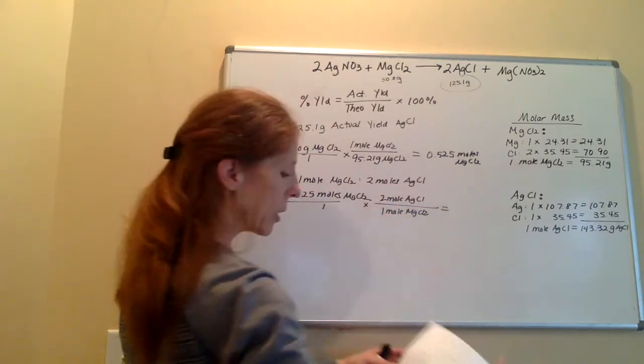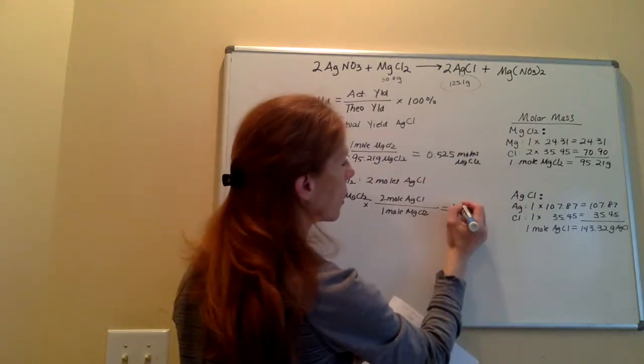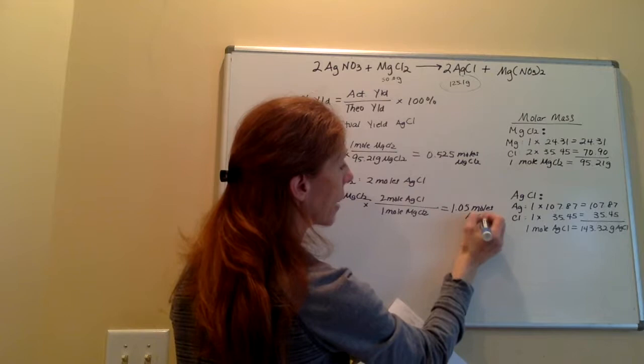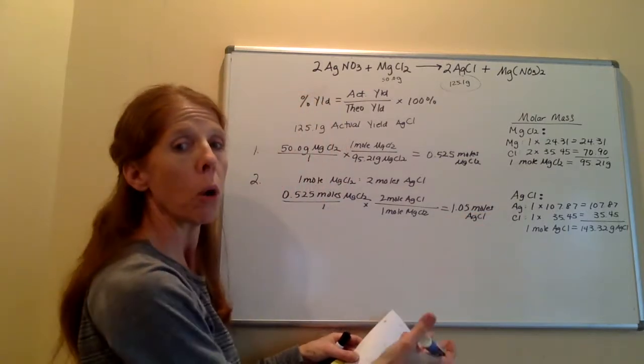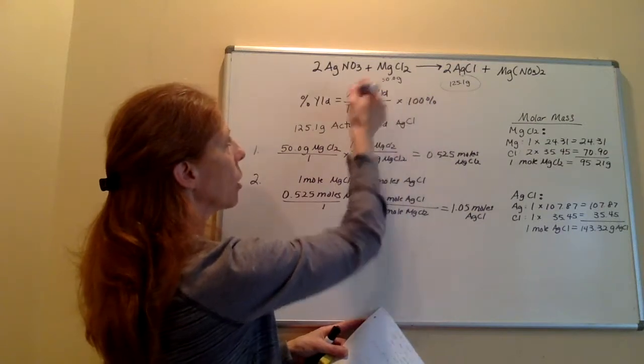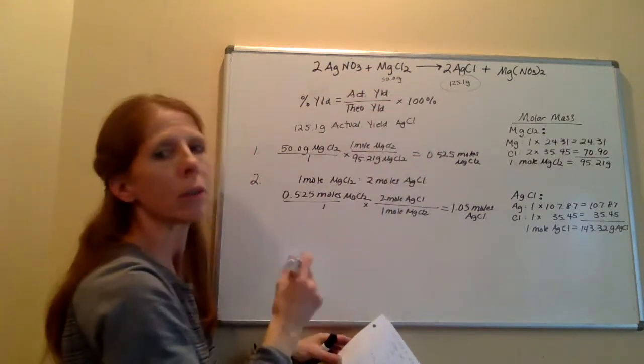And so I get 1.05 moles of silver chloride. That's the amount I should produce in moles. But to figure out my percent yield, I've got to have a theoretical yield that's in grams.